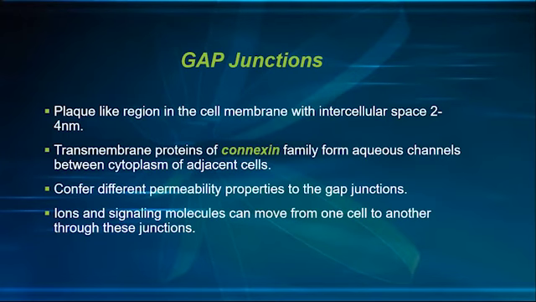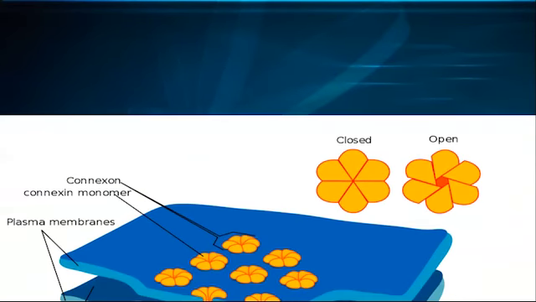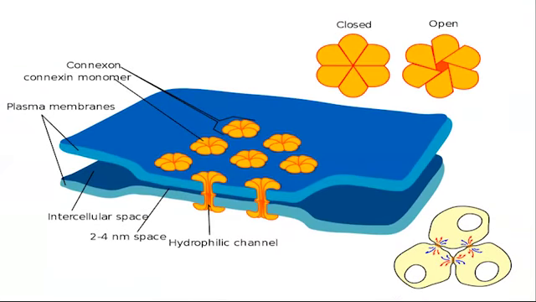The most important protein related to it is the connexin protein. So this is how it looks, how the transmembranous proteins act as channels and allow the movement of the aqueous solution as well as the ionic exchange. And you can also observe the closing and opening position of these channels.